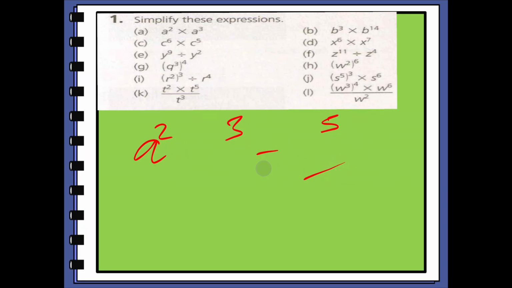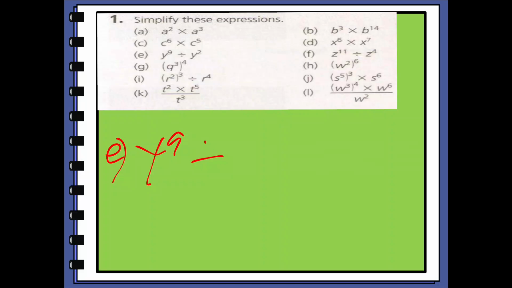So I've done A for you, and since E is division, and division I haven't explained, we are going to do question E, which says y power 9 divided by y squared.